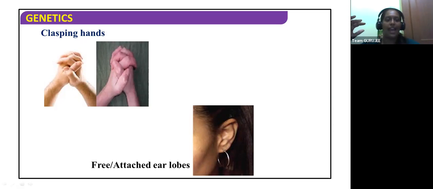When you have one finger over the other, we usually do it one way, but for a few people the other finger will be on top on the other side. We cannot do that. When you put your left hand's finger outside, it will not feel right for us, but for a few people it will.